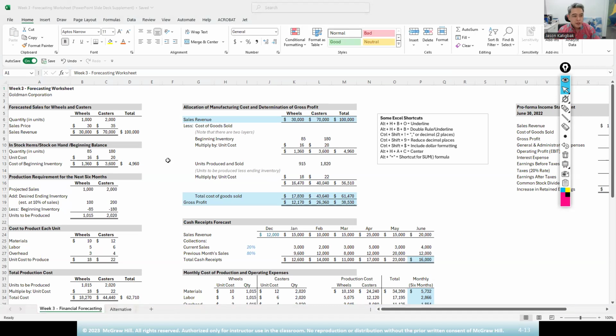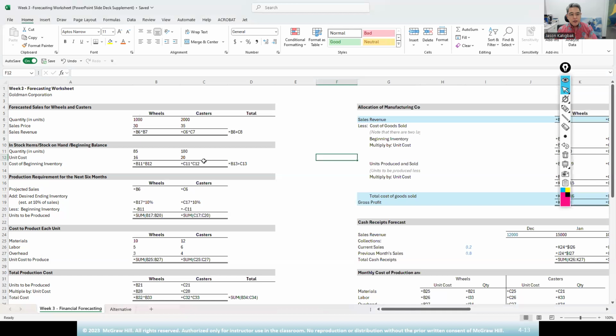So I'll press Control and then tilde, and now you would see that there are formulas embedded. That's one way for me when I review your work or your assignment. I will press Control and then tilde, which is the squiggly line, the key below escape on your keyboard, and it would show you all the formulas.